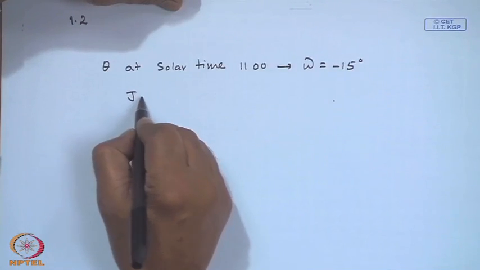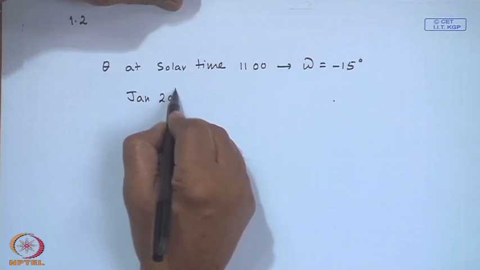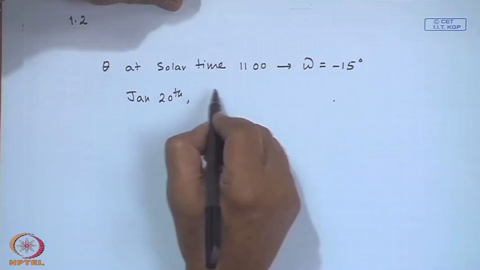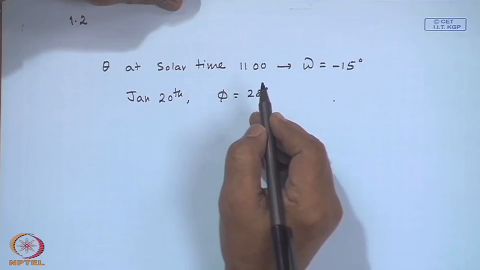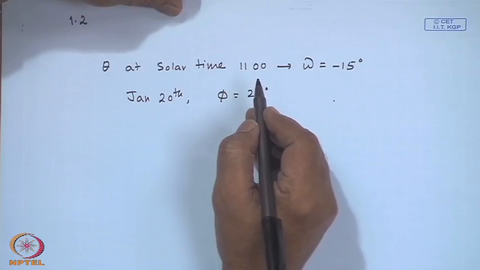Then you have January 20th as the date given, and the latitude is 28 degrees, which is a high latitude within the Indian geography.